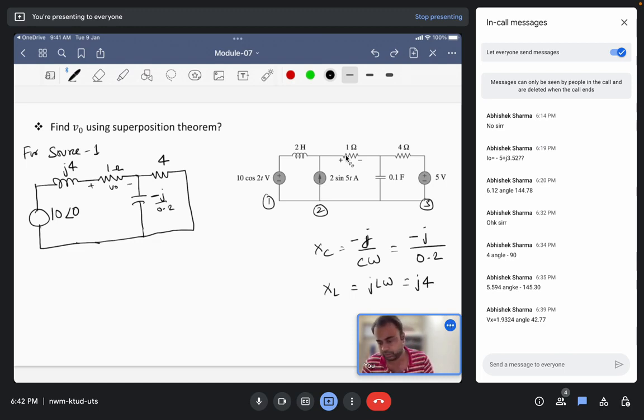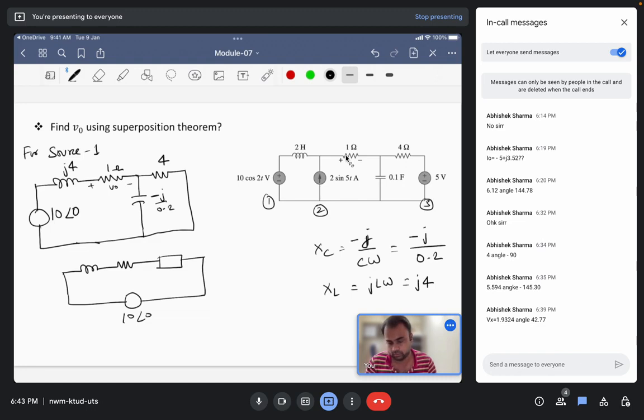So this comes out 3.12. So now we have 3 components. Let us call this the impedance, and the source here is 10 angle 0. Let us add the 4j inductor also.